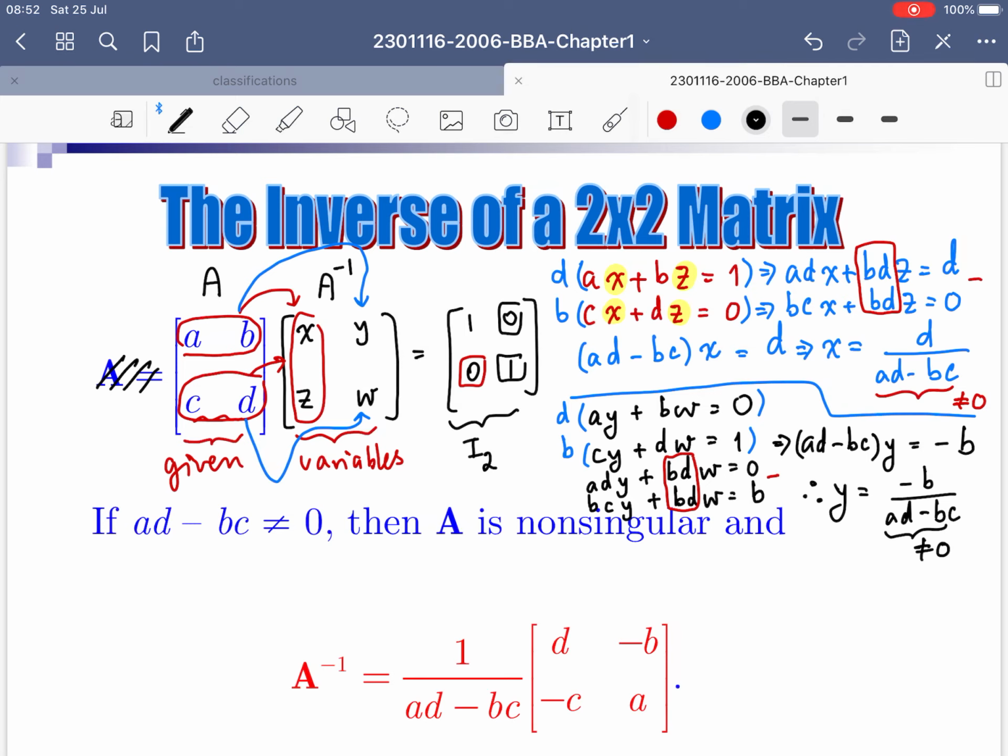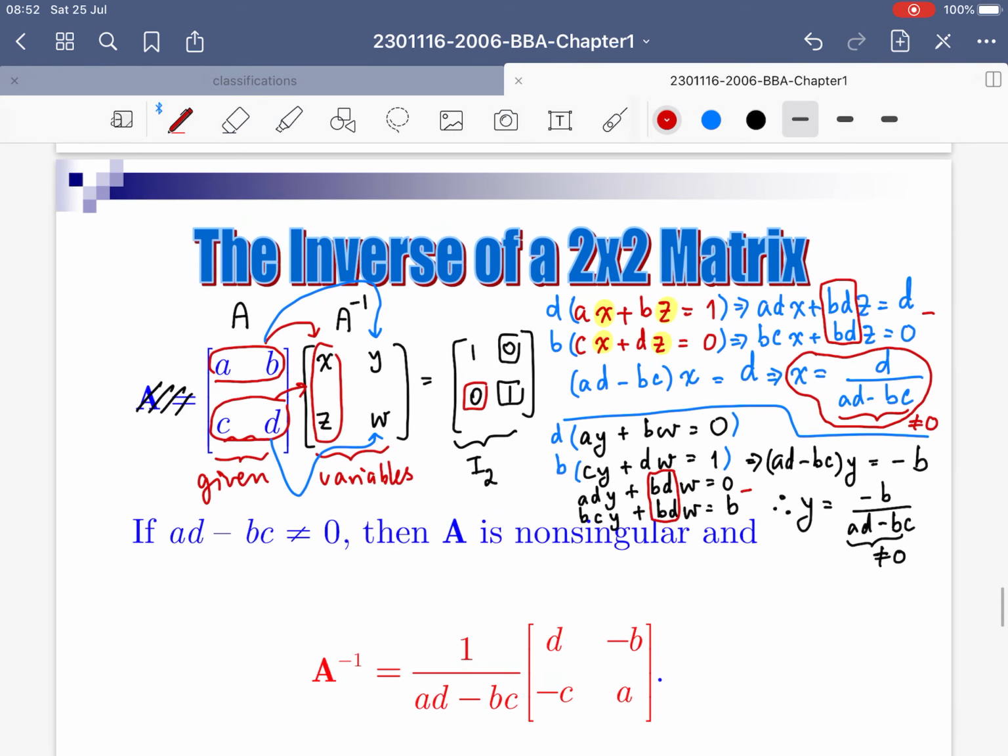Actually, for the first part, as you have your X, I forgot to figure out the Z. As you got your X for the first part, you can see that your Z can be calculated from here.